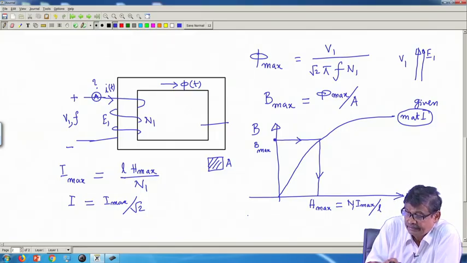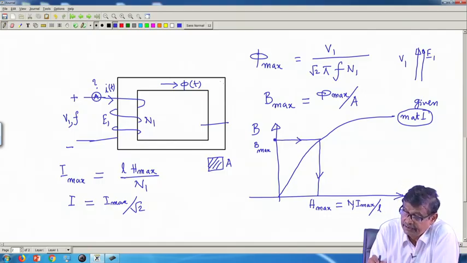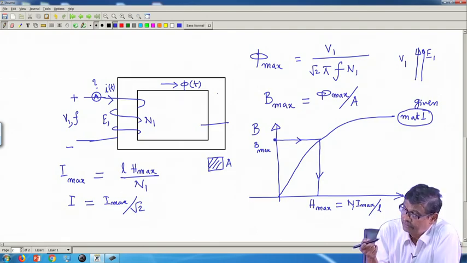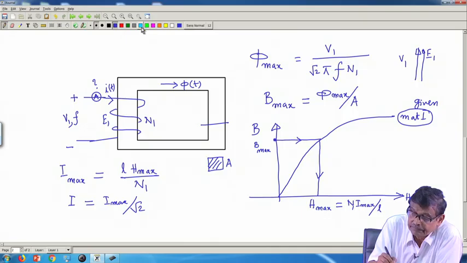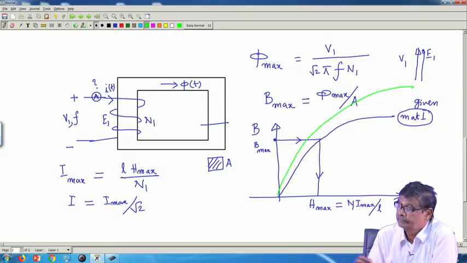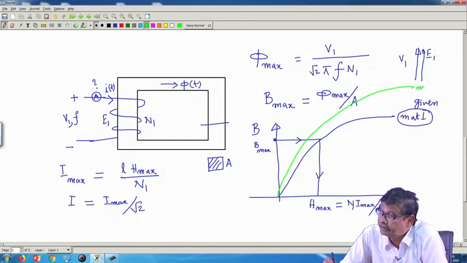Suppose I replace it by a newer magnetic material whose BH curve is like this. So, material 2 BH curve is this.